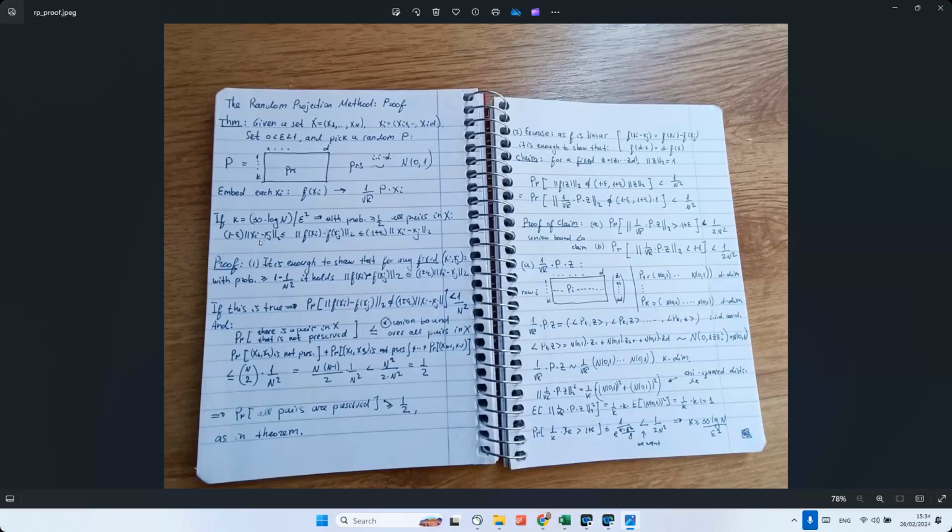So first of all, let's compute the expected value of this formula. What is the expected value of the length of this projected vector? The expected value equals 1 over k, because 1 over k can get out of the expectation because of linearity. And again we have this sum, and the expectation of a sum is the sum of expectations.